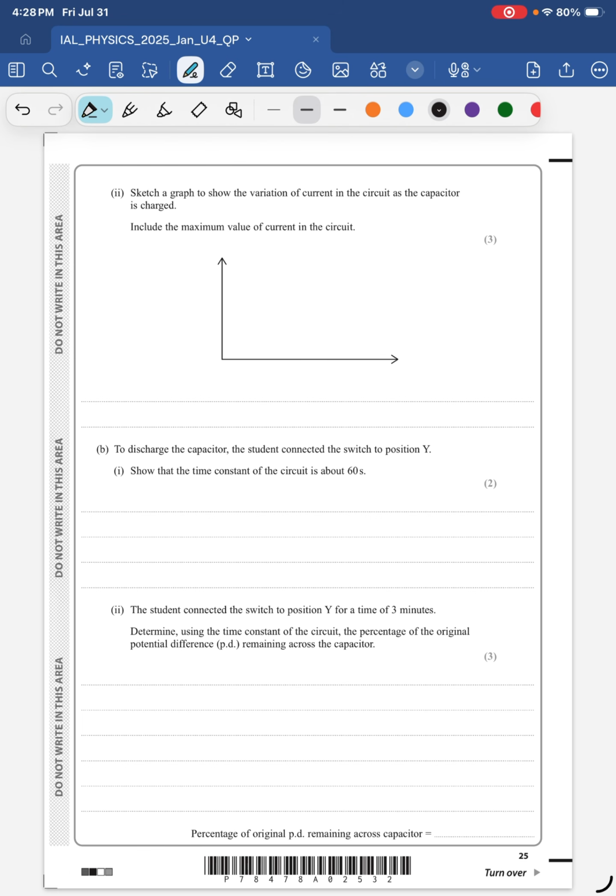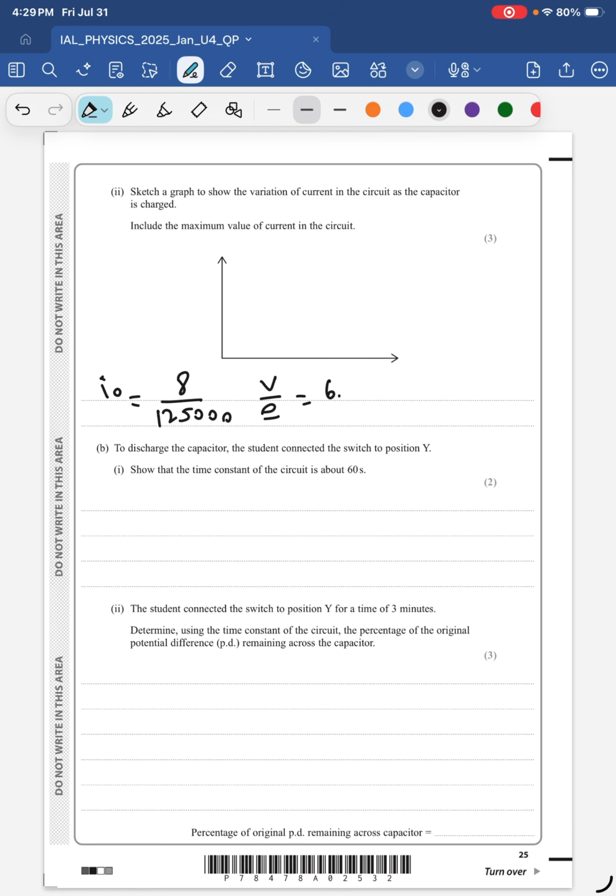Part 2, sketch a graph to show the variation of current in the circuit as the capacitor is charged. Include the maximum value of current in the circuit. So the maximum current is going to be the voltage, 8, over the resistor, 125,000, so volts per ohm.